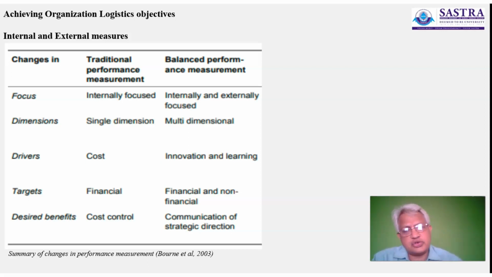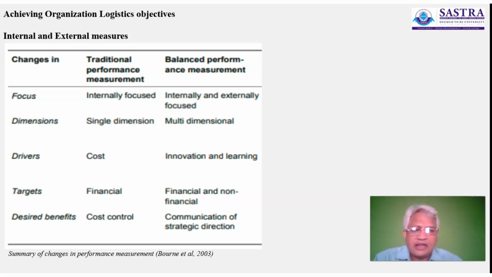They had to reduce the cost, increase the profits or increase their earnings, and it was all purely financial. So the desired benefit was obviously cost control, because once we look into cost, we look into controlling cost as our aim to achieve profitable results. So profit becomes your objective and cost becomes your measurement.